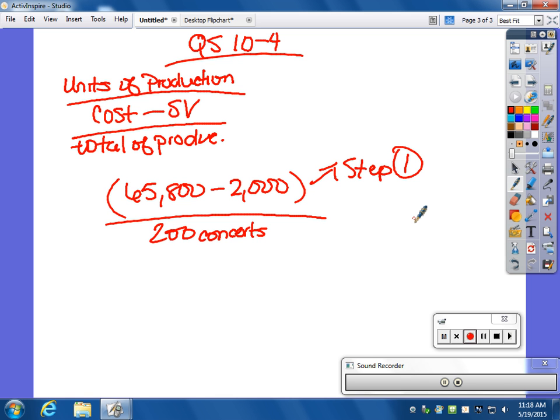Step two would be what? Step two is for you to take the price per unit multiplied by units produced or units consumed.